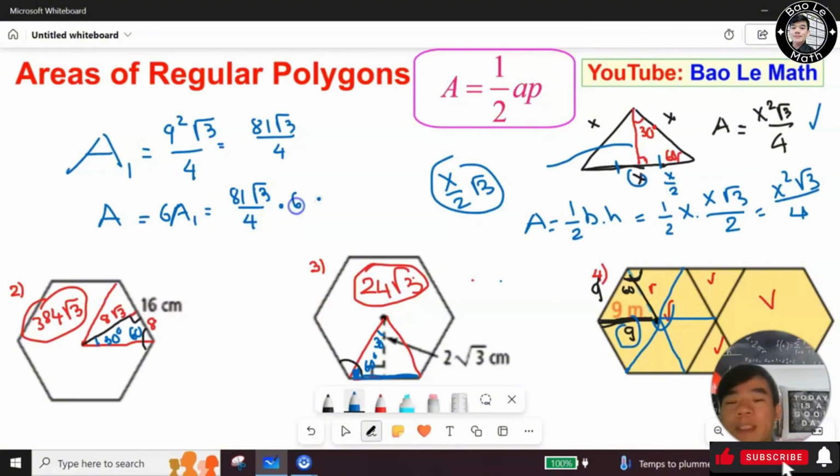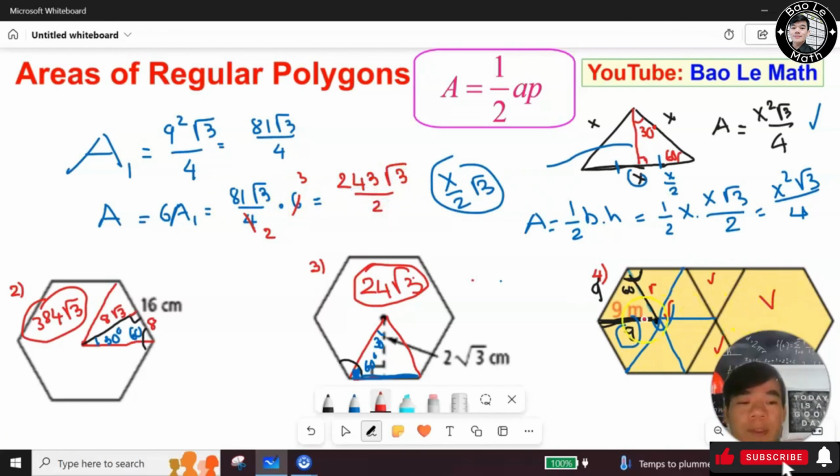Simplify: 6 divided by 2 equals 3, 4 divided by 2 equals 2. So the answer should be 243 root 3 over 2.